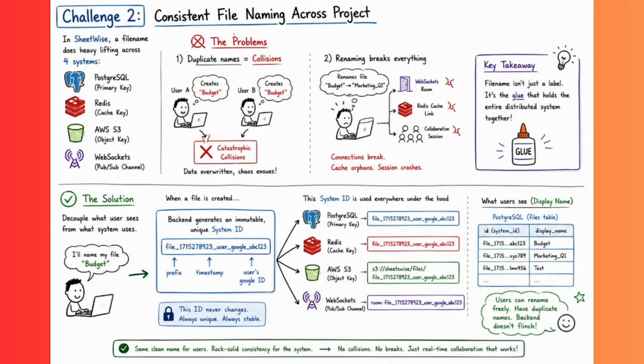The clean name you type in is just a decorative display name stored in the Postgres database. This meant users could rename their files 100 times a day or have 10 files all named test, and the backend wouldn't flinch because the underlying system ID never changes.